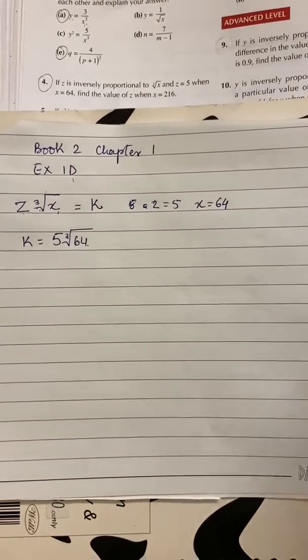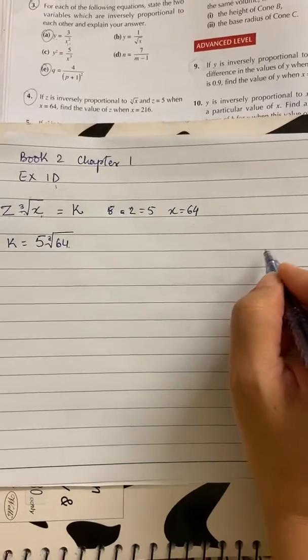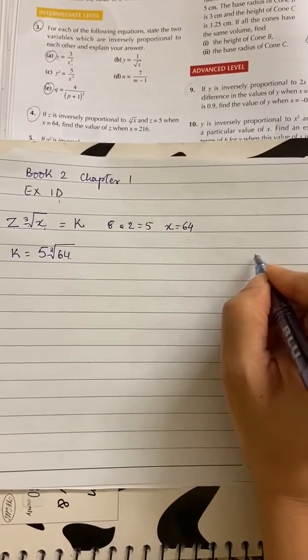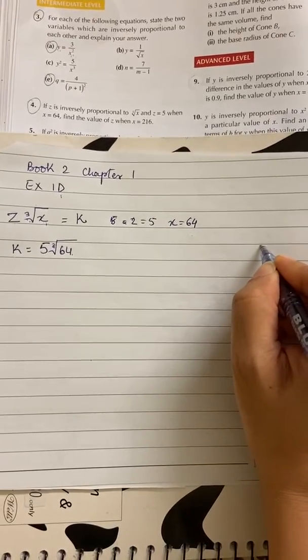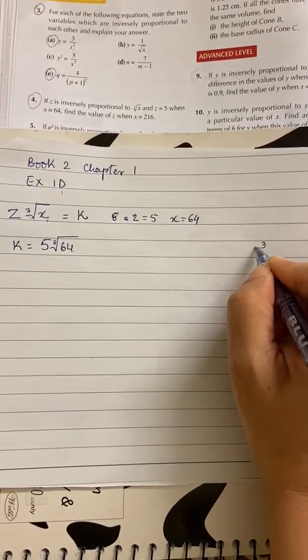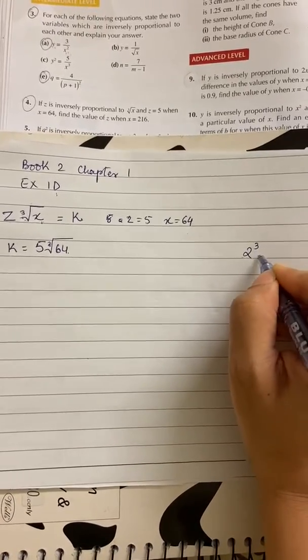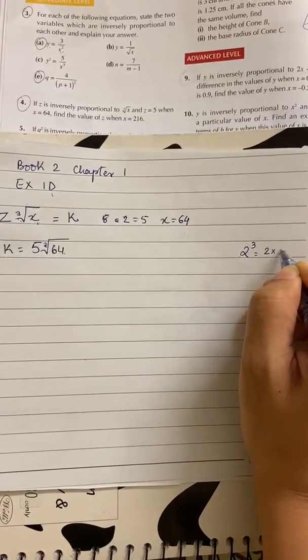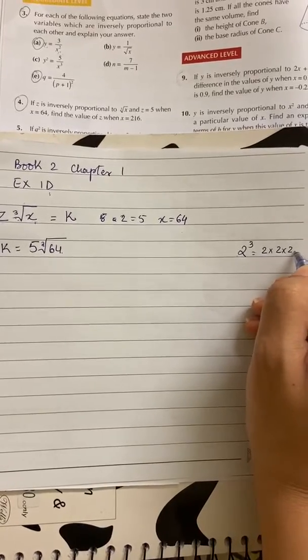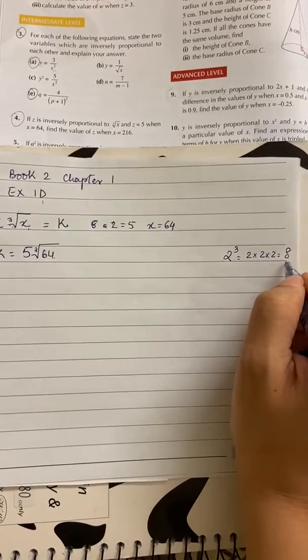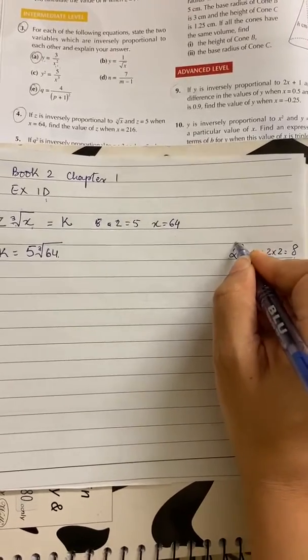We learned in the previous question what squares and square roots are. A cube is represented by the power of 3. So 2 to the power of 3 means 2 cubed, which means multiplying 2, 2 and 2, so it's going to give me 8.